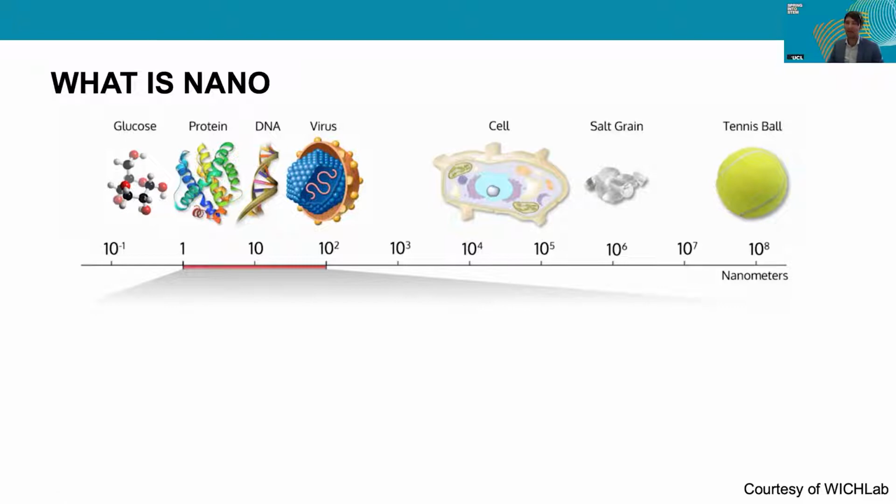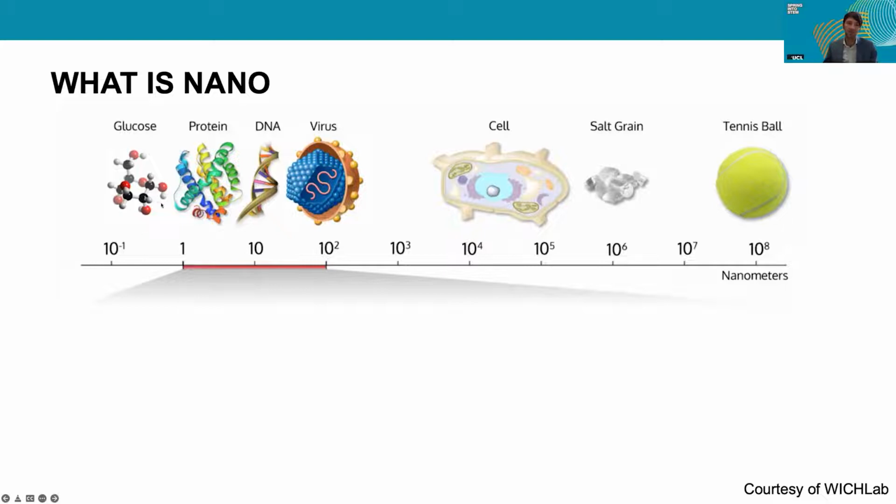Okay, and nanoscale really is obviously much smaller than a tennis ball, and much smaller than a grain of salt, and also much smaller than a cell in our body. And here you can see how these different objects scale. What you can see is nano, coming from 10 to the negative 9, is basically the length scale where many processes in biology and also in our body operate.